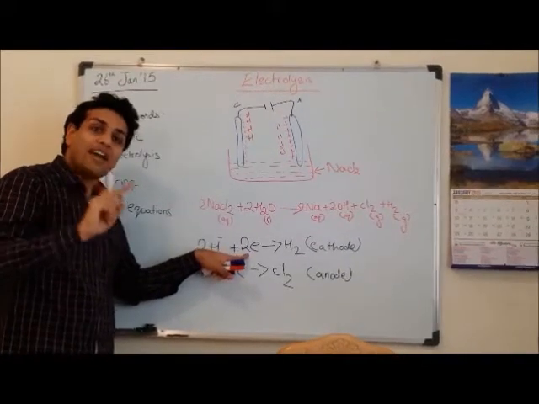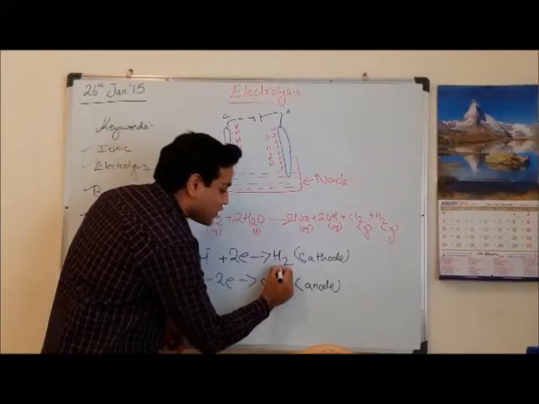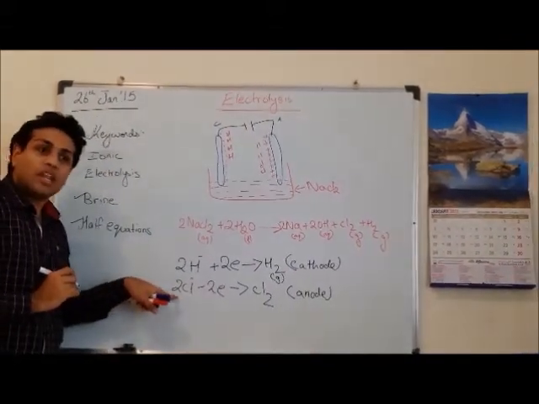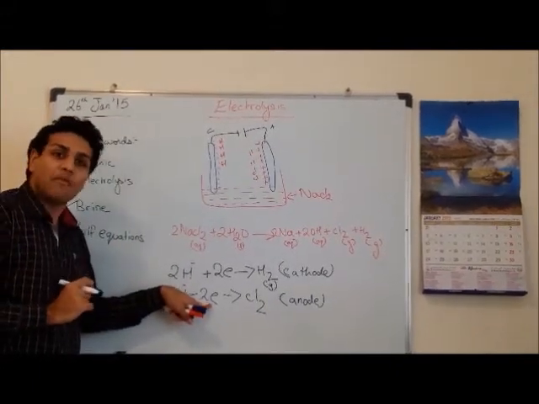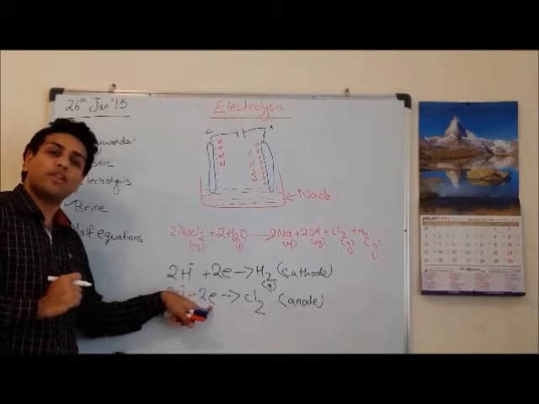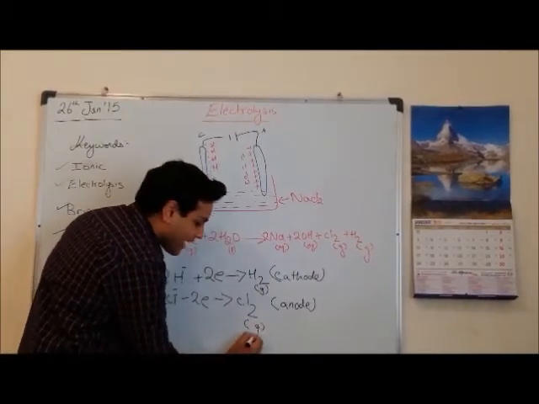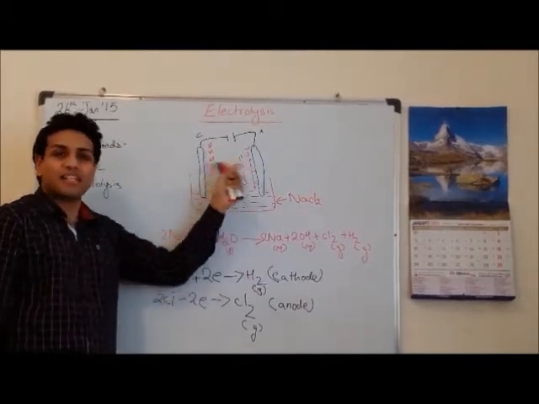Hydrogen atoms join together to form hydrogen gas as a molecule, and H2 is formed in the form of gas. What happens in chlorine? The chloride ions lose 2 electrons. After losing, they form chlorine atoms and join together to form molecules of chlorine, which is also in the form of gas. And these gases come out at both our electrodes.